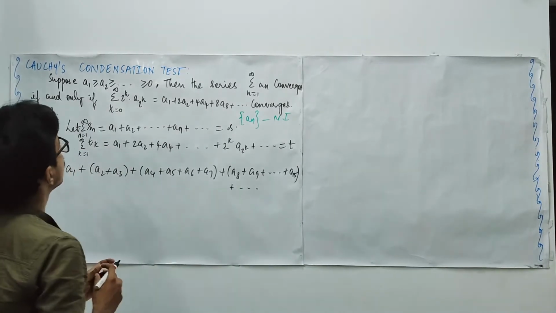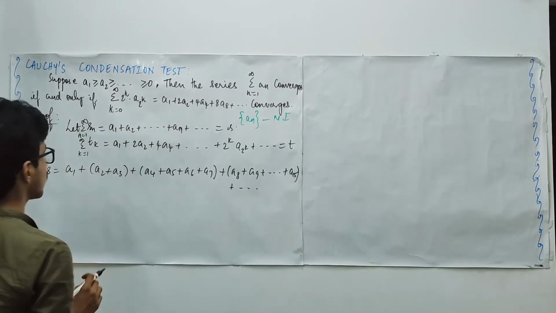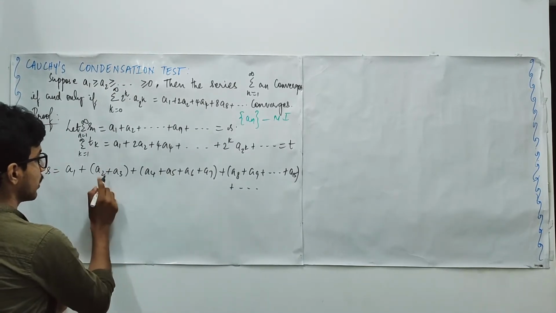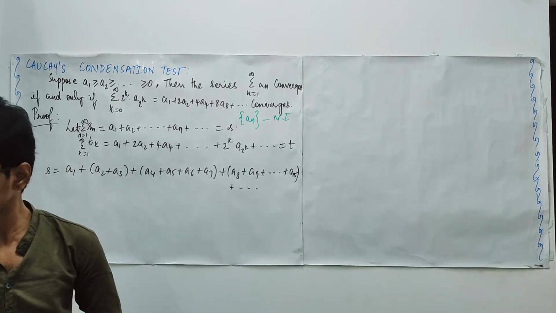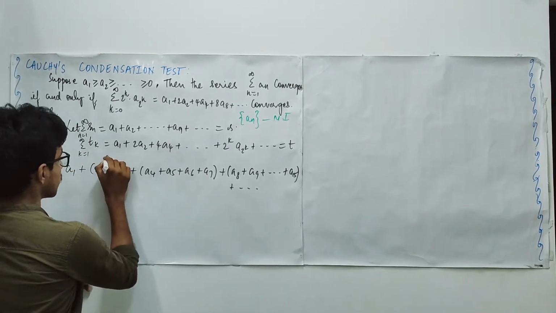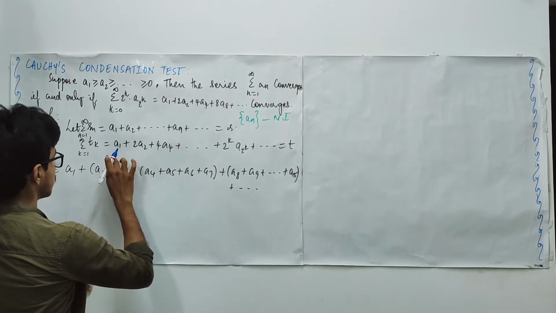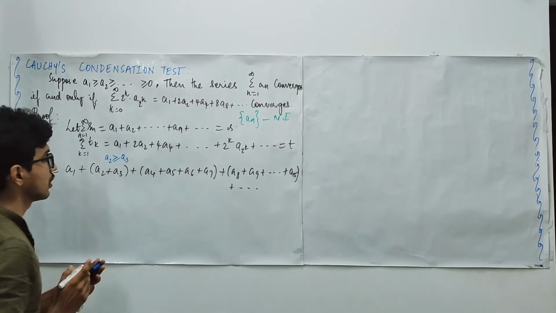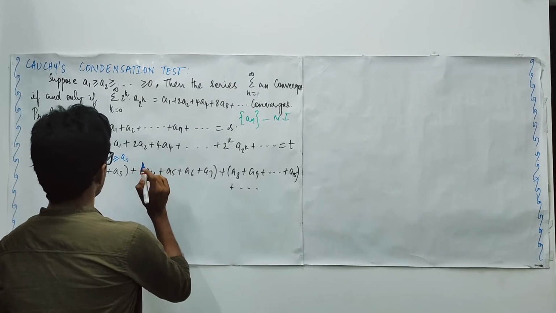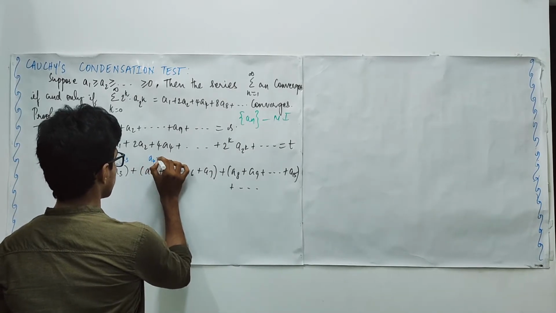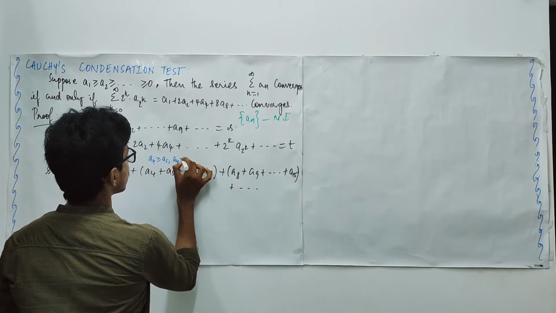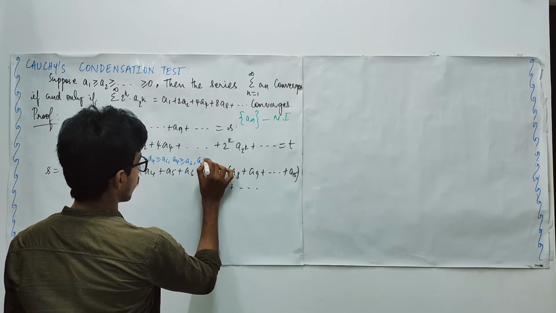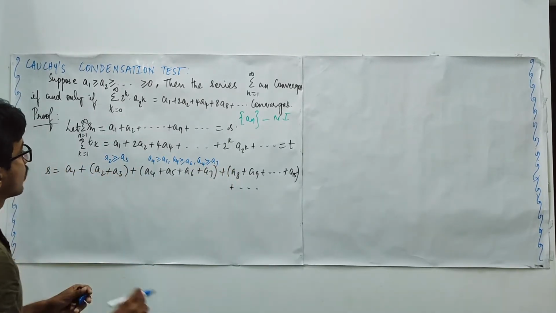Here, using the condition that the sequence is monotonic, just make a comparison. For this case alone, you make use of the fact that a2 is bigger than or equal to a3. Then you have a4 bigger than or equal to a5, a4 bigger than or equal to a6, and a4 bigger than or equal to a7.